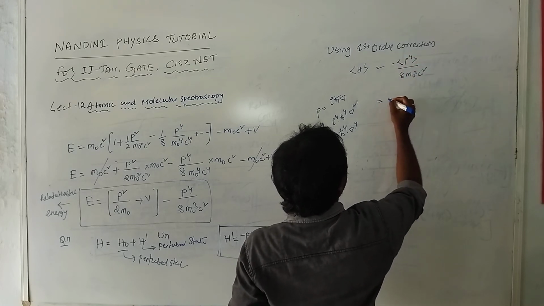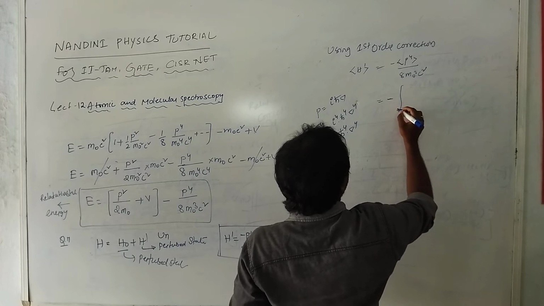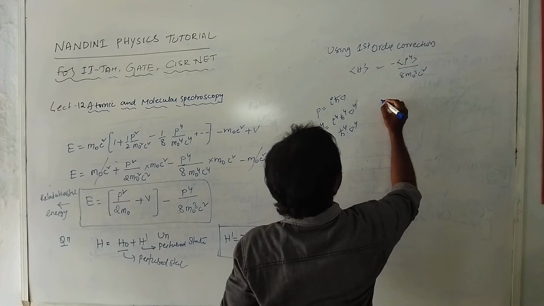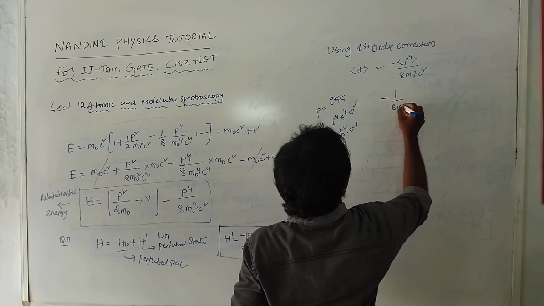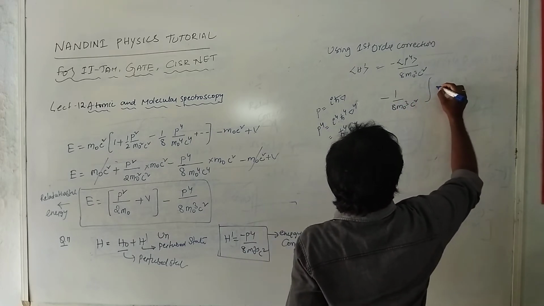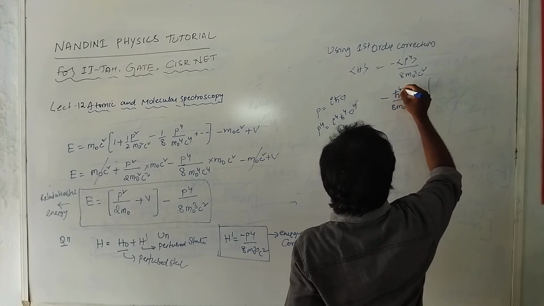By using quantum mechanics, we will write the expectation value as minus 1 by 8 m naught cube c square into the integral. Take h cross, h is also constant, h cross 4.